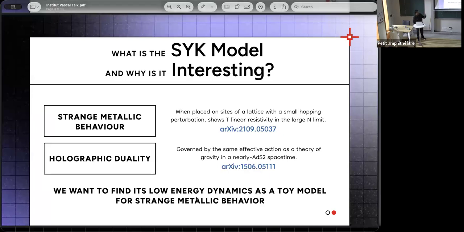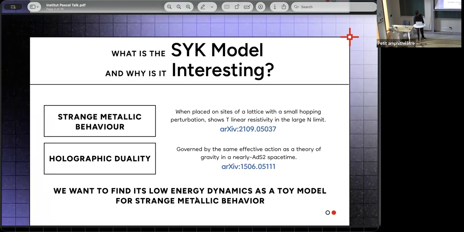Why is it interesting? Well, when we put these, what we call SYK dots, into a lattice and we have some small hopping perturbation, or in fact, even if we couple them with an SYK-like coupling, these have a linear in temperature resistivity, and the large N limit is taken so that it is analytically solvable.